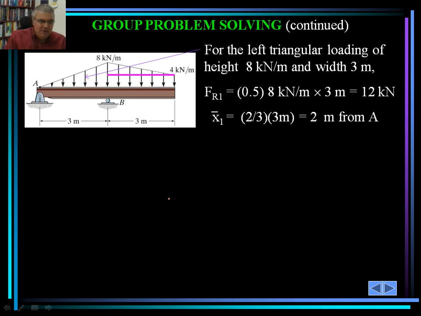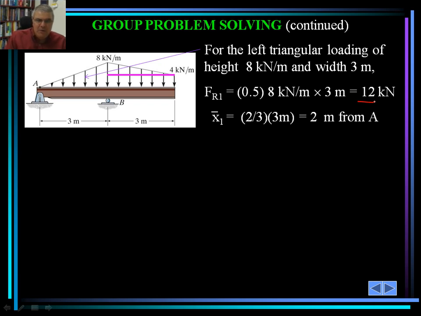So for the left triangle loading of 8 kN, we would multiply that by 1.5 to get the area of the triangle. The area is 12 kilonewton in this case. Again, this is not really the area, but we are trying to calculate an equivalent load that represents that area.